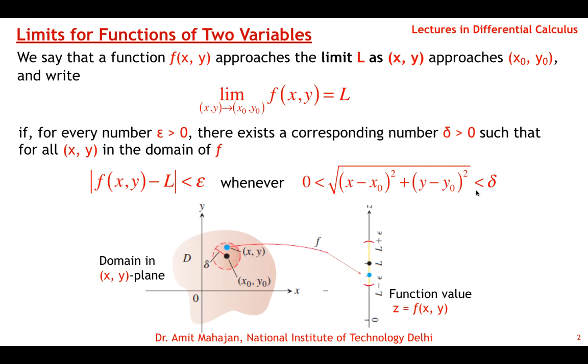The right inequality says that (x minus x naught) squared plus (y minus y naught) squared is less than delta squared. That means the points (x,y) lie in the neighborhood of (x naught, y naught), and that neighborhood is a disk centered at (x naught, y naught) of radius delta.